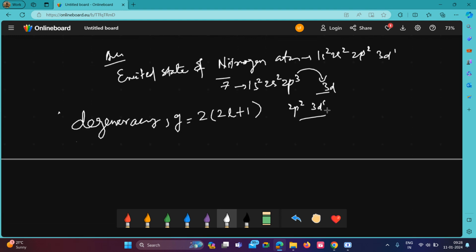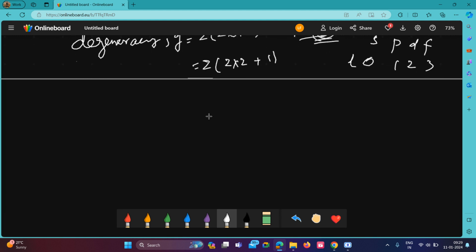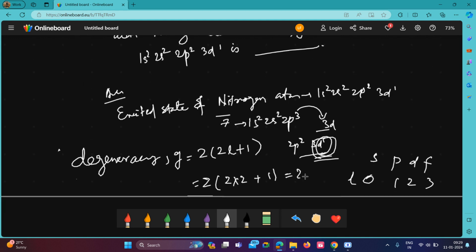L is the state in which the last electron is, which is 3d. For S, P, D, F, the L value is 0, 1, 2, 3. So the L value is 2. 2 into (2 into 2 plus 1), that is 2 into 5, which is 10. So the answer is 10.